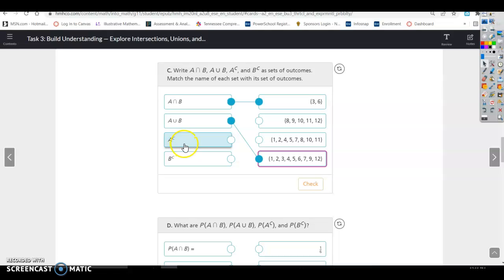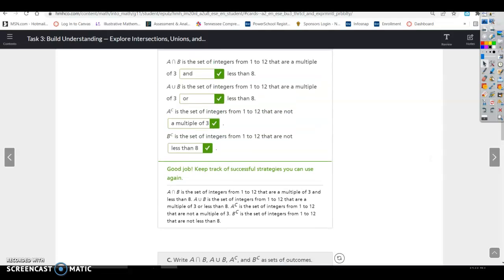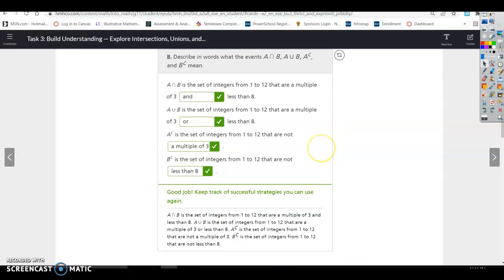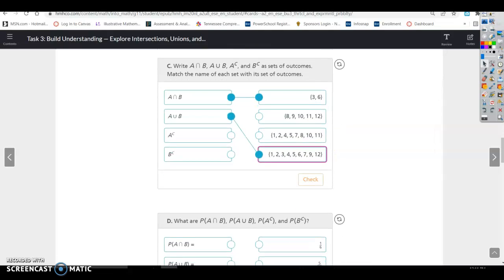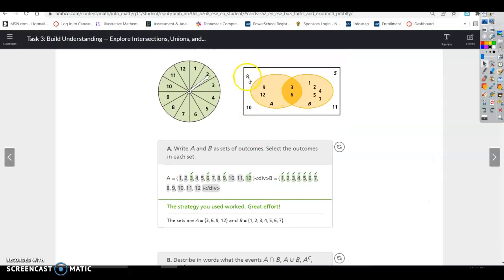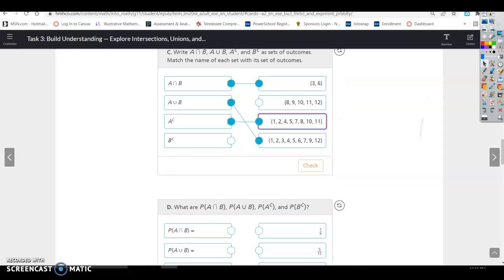A complement, so that means everything in B that's not in A. So everything in B right here that's not in A would be 1, 2, 4, 5, and 7. And I forgot to mention, but 8, 10, and 11, these three numbers are not in A or B, so that's why those are listed as well.